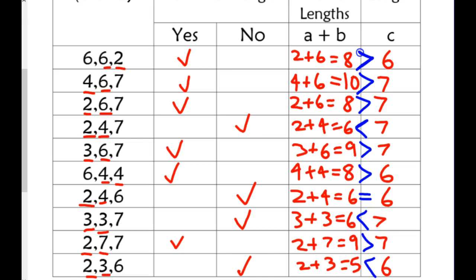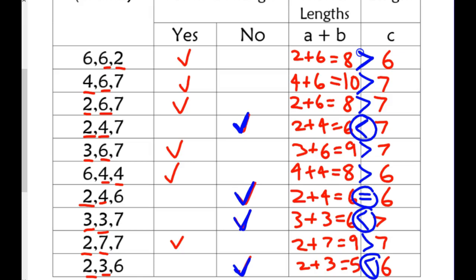Okay, so we have all these values and their relationships. Let's notice something about the no's. So for this no, what did you notice about the relationship here? Less than. What about this no? Equal. This no. Less. This no. Less. Okay? So for all the not a triangle, all the no's, it's going to be less than, or it could be equal to.